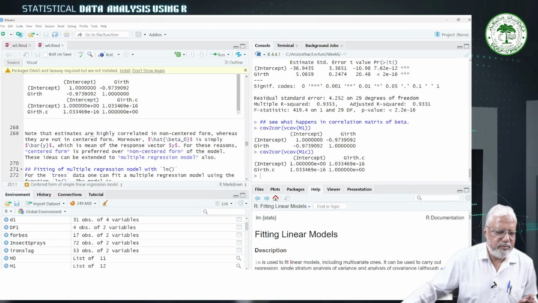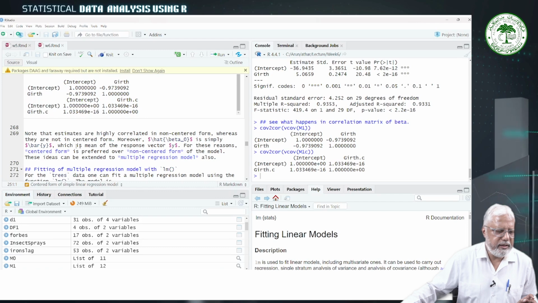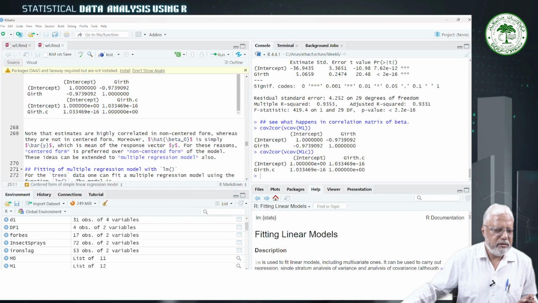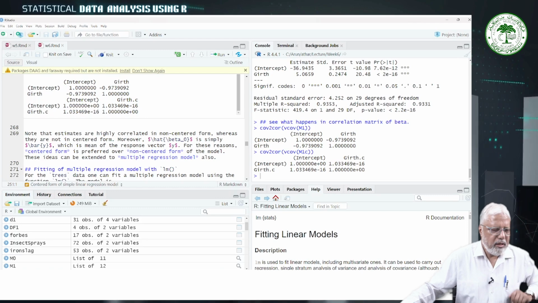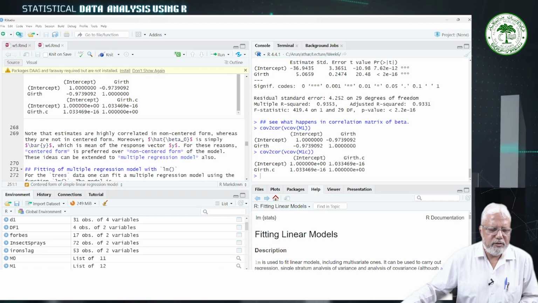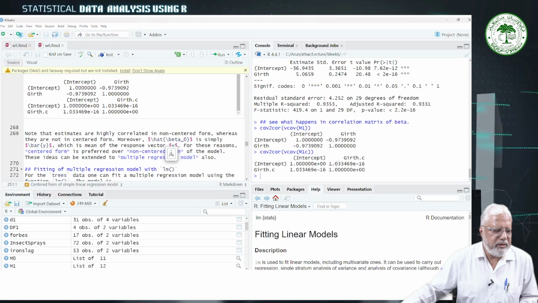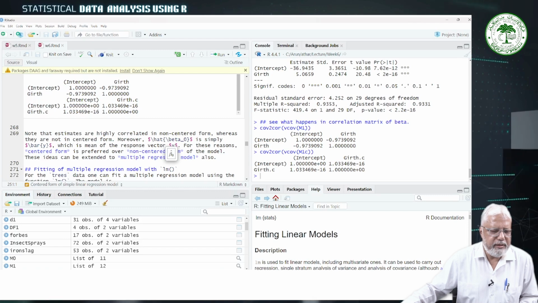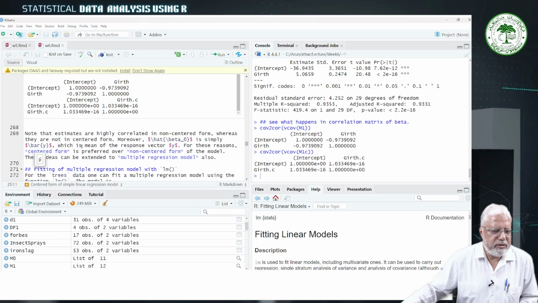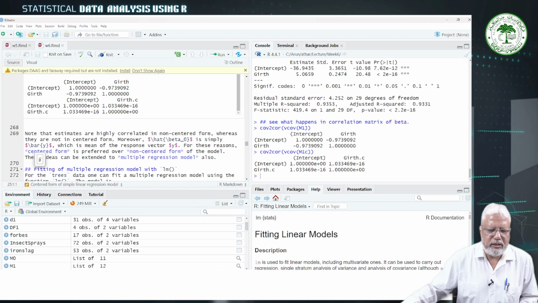Note that estimates are highly correlated in non-centered form, whereas they are not in the centered form. Moreover, beta naught hat is simply y bar, which is the mean of the response vector y.